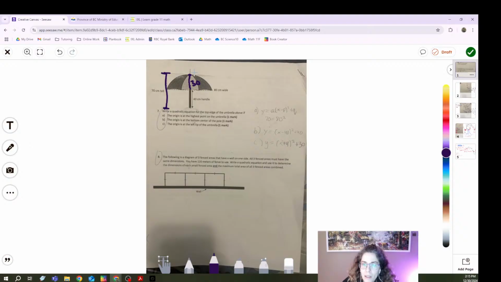That'd be going down 30, right 40. So if I took Y and put in a 40, negative AX is negative 30. Okay, let's try that. What would A give us if we did this?